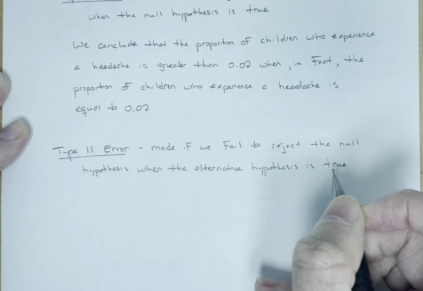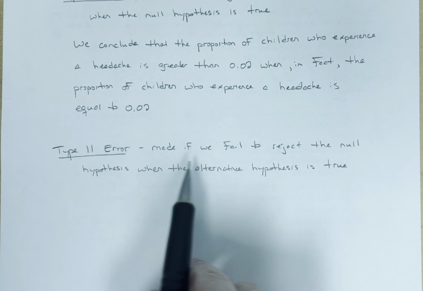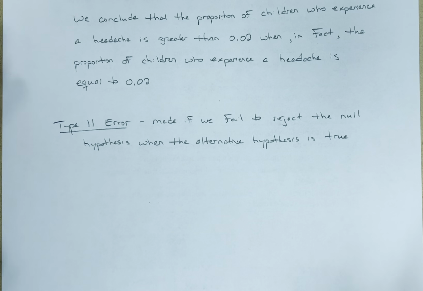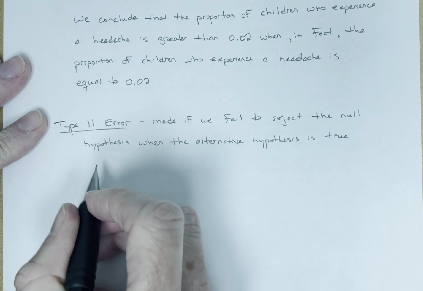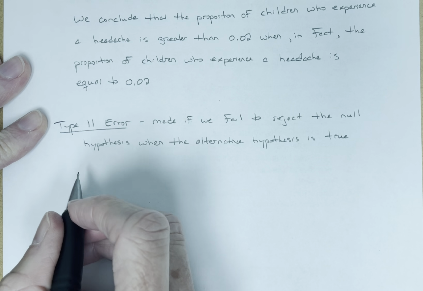Okay, so we just rewrote what a type 2 error is. Now with this problem, what does that look like? What does that look like with our example here with this medication?